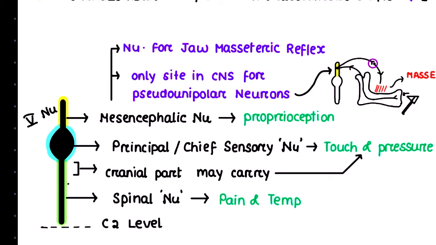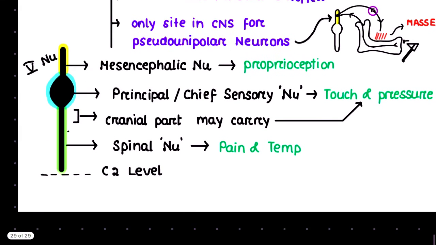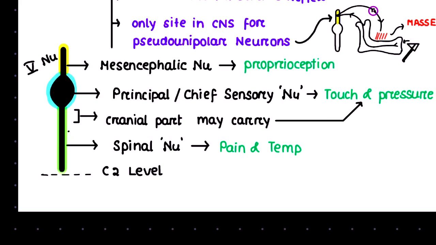Now when we compare head and neck with the rest of the body, in the rest of the body we have different tracts, such as the dorsal column tract, spinothalamic tract, and spinocerebellar tract. All these different tracts are responsible for different information, for example touch, pressure, pain, temperature.